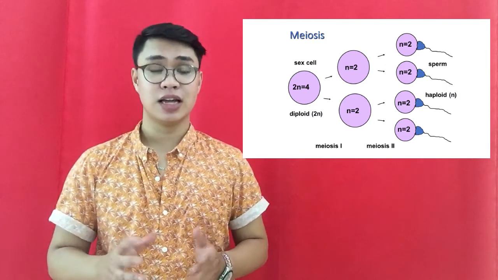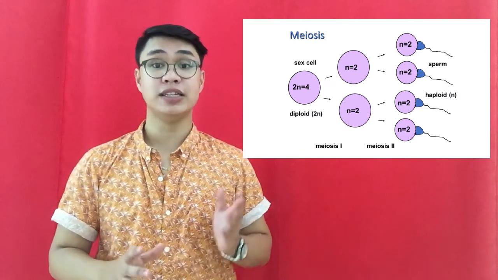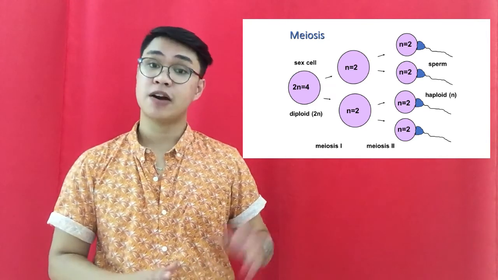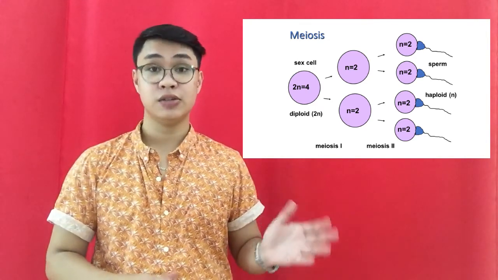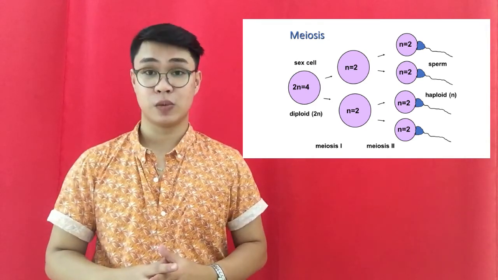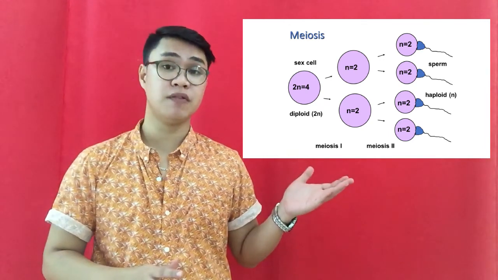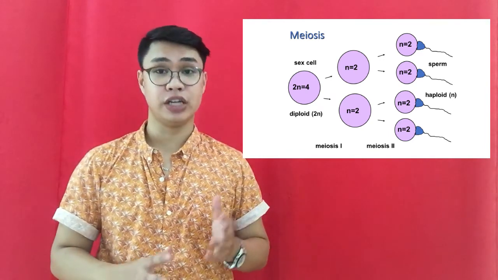Just take note that meiosis is called reduction division, from diploid cell to haploid cell, as well as from diploid number of chromosomes to haploid number of chromosomes.